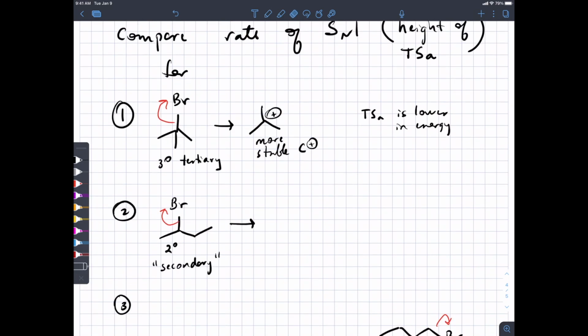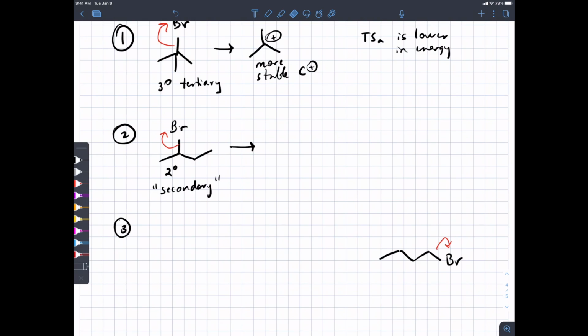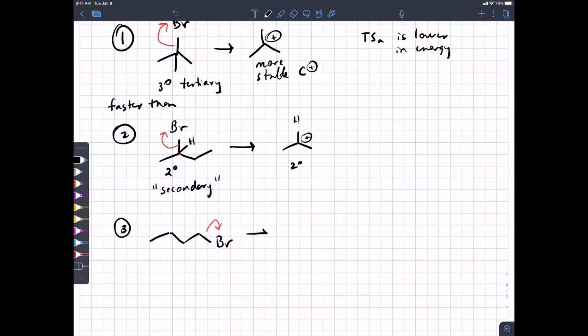No, you can't. Right. So the secondary alkyl halide would give you the secondary carbocation, which is less stable than the tertiary carbocation. So 1 is faster than 2, and the leaving group leaving to give you a primary carbocation is not observed.